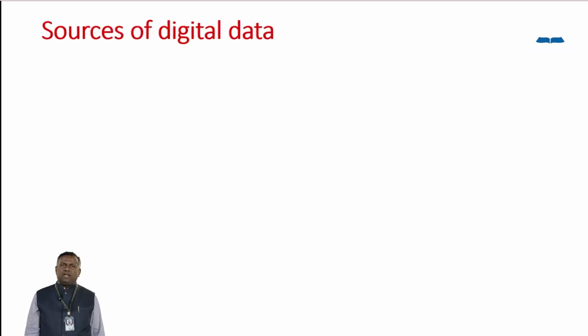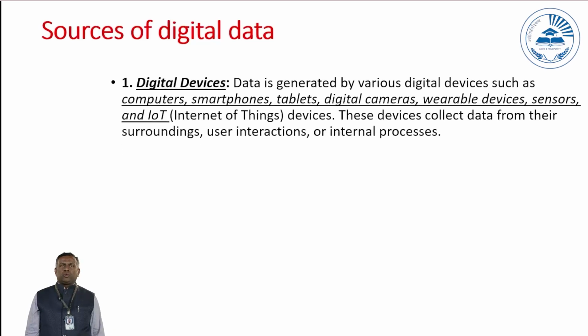Under the sources of digital data, the first source we can observe is digital devices. This is the data generated by various digital devices such as computers, smartphones, tablets, digital cameras, wearable devices, sensors, and all the Internet of Things devices.